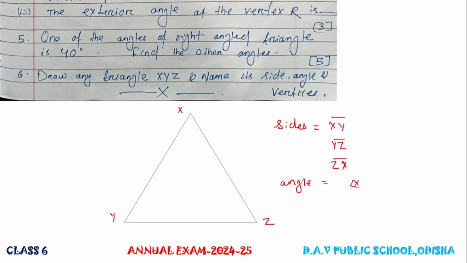We can write angle X, angle Y, angle Z, or you can write other names: angle X can be written as YXZ, Y as XYZ, and Z as XZY. Clear? Now vertices. The vertices are X, Y, Z.